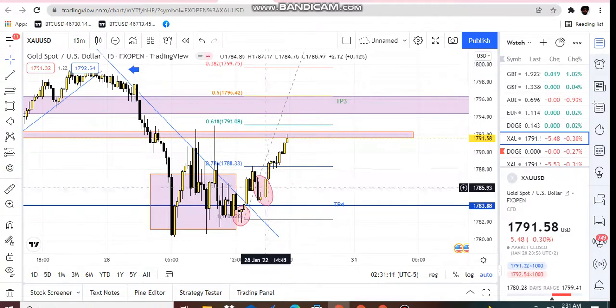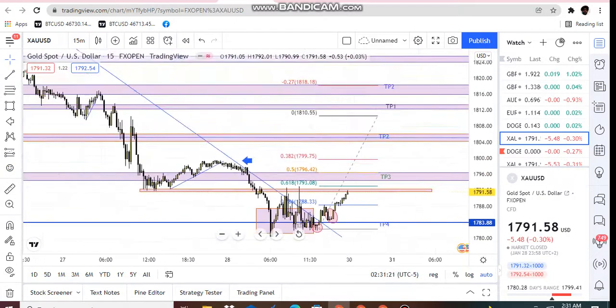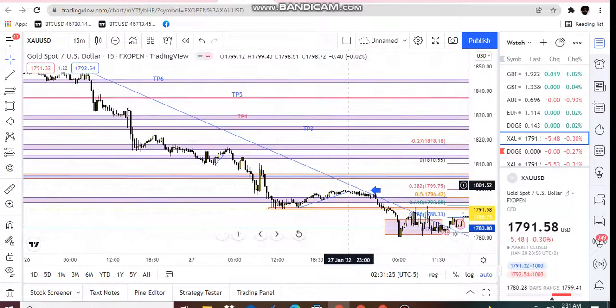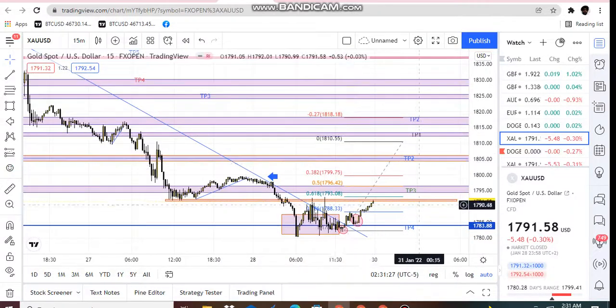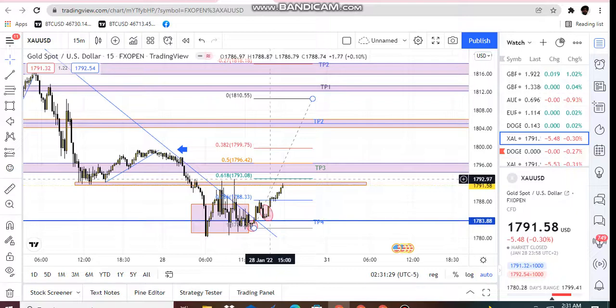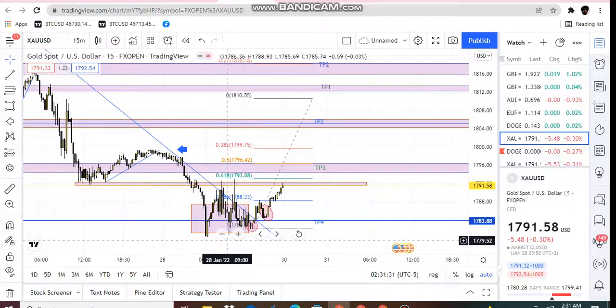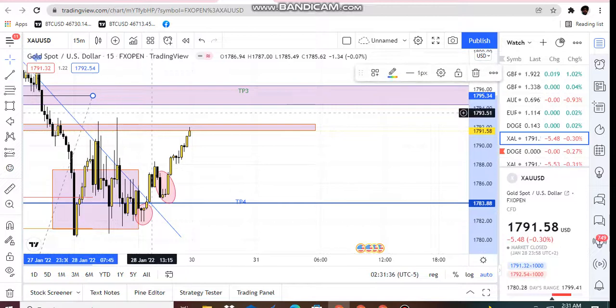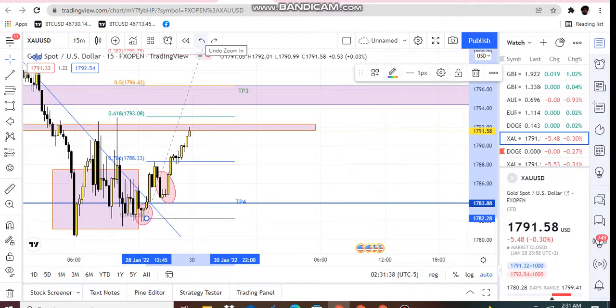On the 15-minute and 5-minute time frames, price is moving faster, creating more candles and more candlestick patterns, as opposed to just one candlestick pattern on a daily or a 4 hour. You can see way more structure and way more candlestick patterns on the 15.